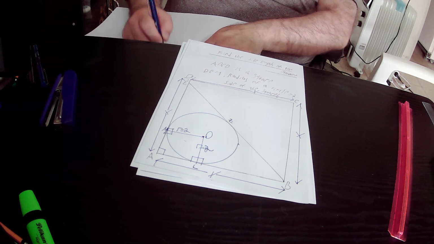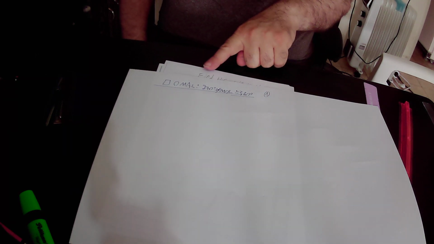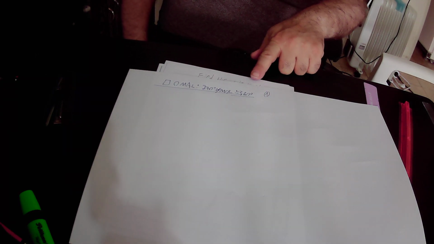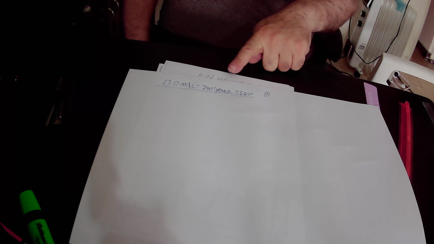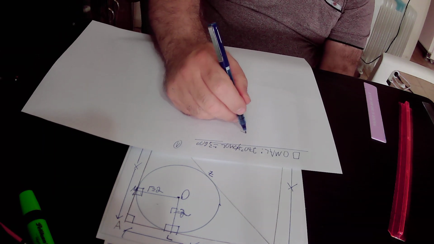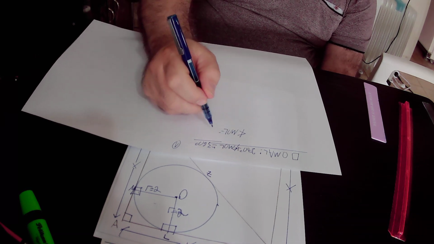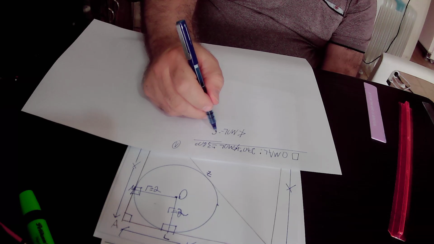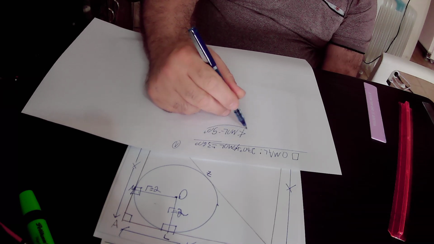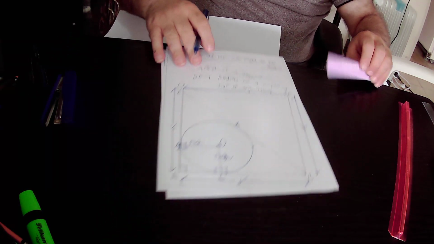Here we subtract 270 degrees, and we get that the missing angle MOL is equal to 360 degrees minus 270 degrees, which is 90 degrees. So angle MOL is a right angle.